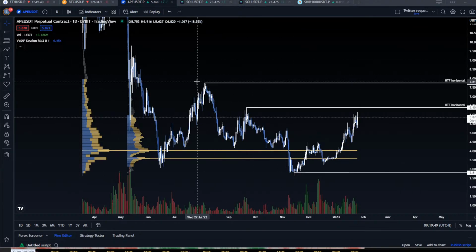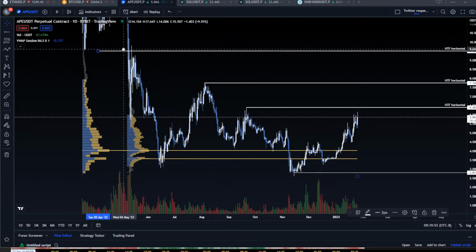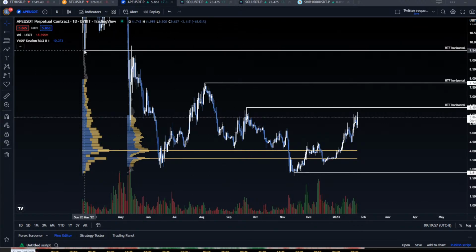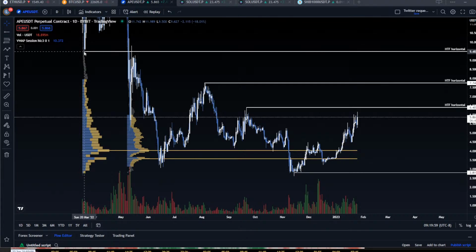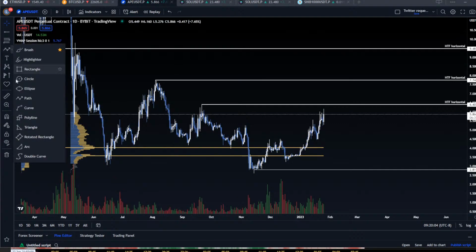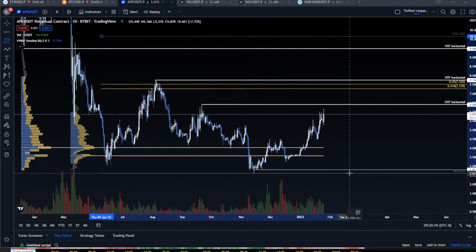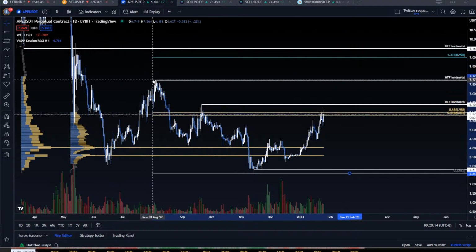I'm going to mark out this horizontal here. We can, again, it looks like price is driving higher here.